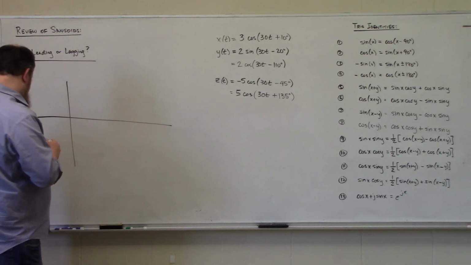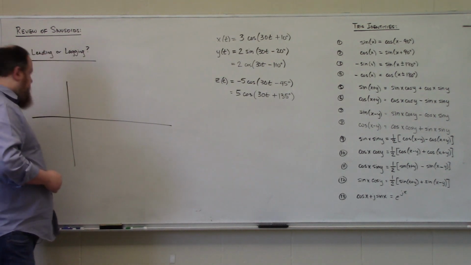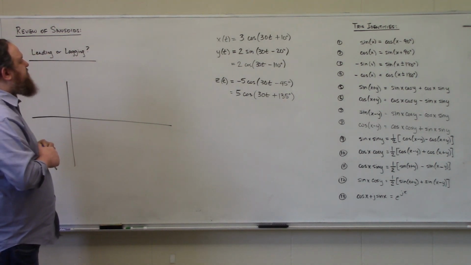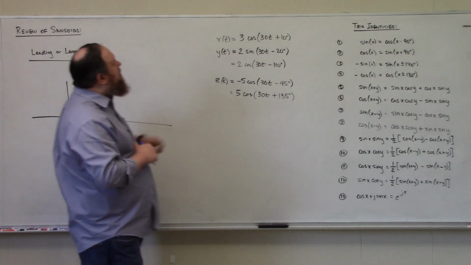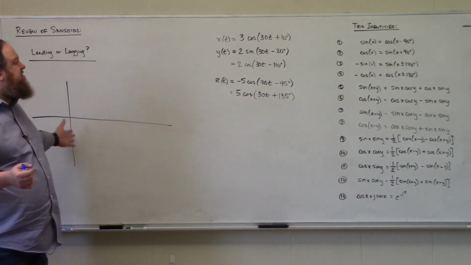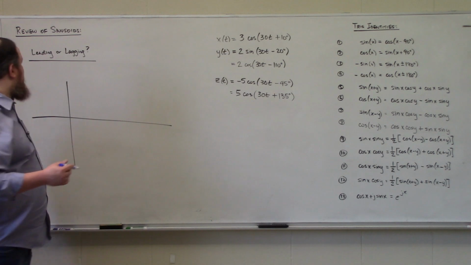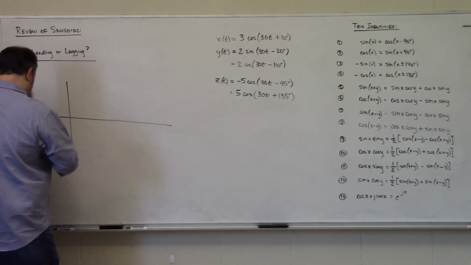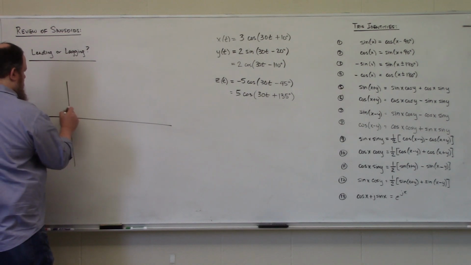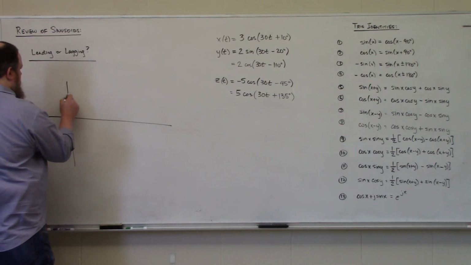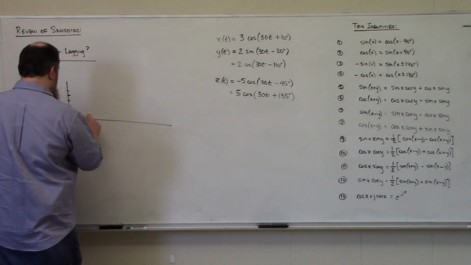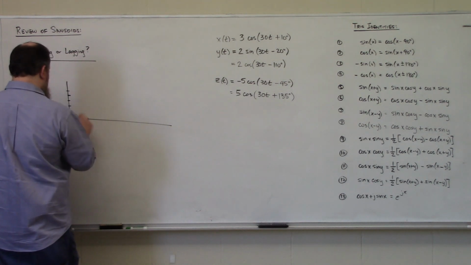I'm going to use different colors for each one. So let's start off with x of t. I'll do that in blue. It is time shifted by 10 degrees, a positive 10, which means it's going to be time shifted slightly to the left. It has a magnitude of 3. So let me mark 1, 2, 3, 4, 5.